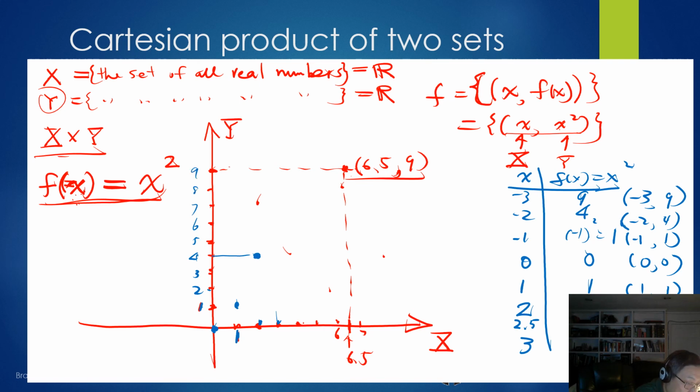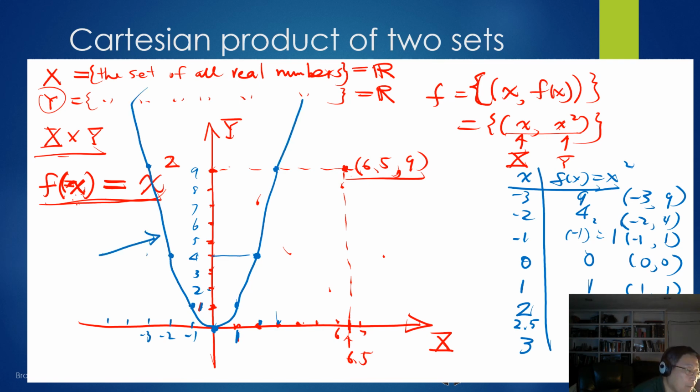Also for negative values, negative 1 is 1, negative 2 is 4, negative 3 is 9. So we find some of the points and we can connect these points. That's the diagram for the function f of x equals x squared. Or sometimes we say for each value of x, there's a corresponding value y, so y equals f of x.